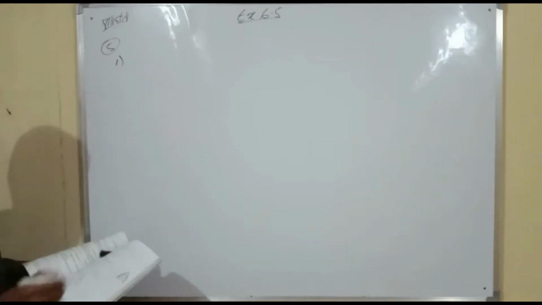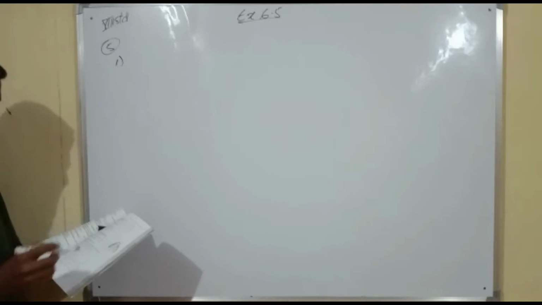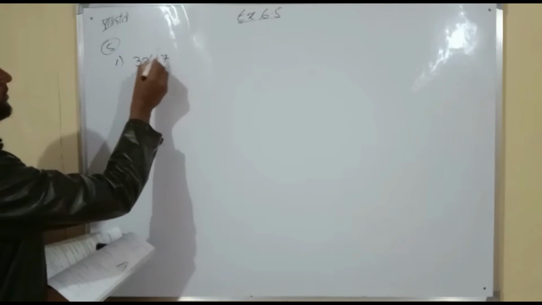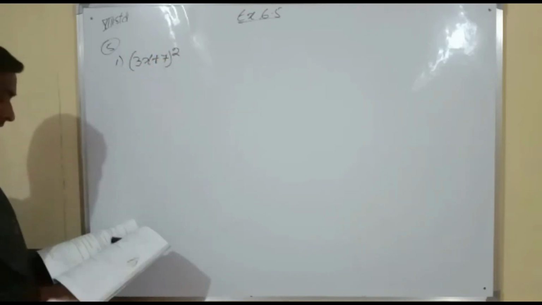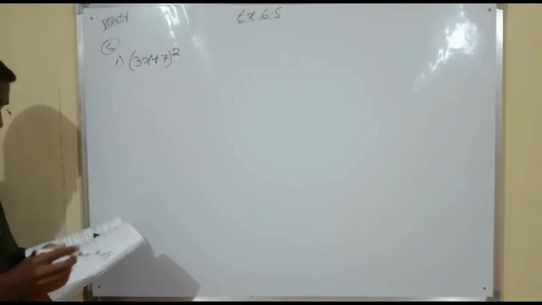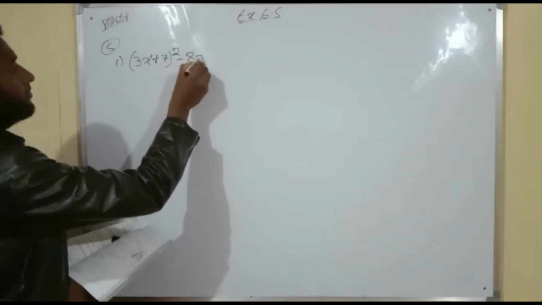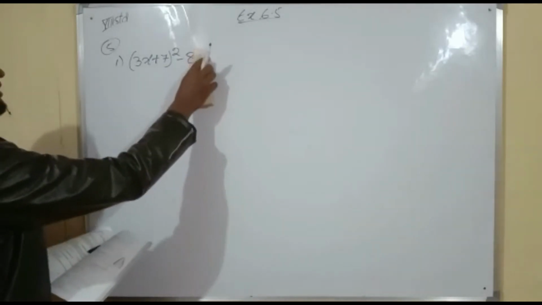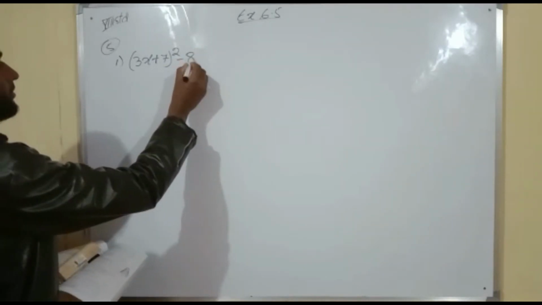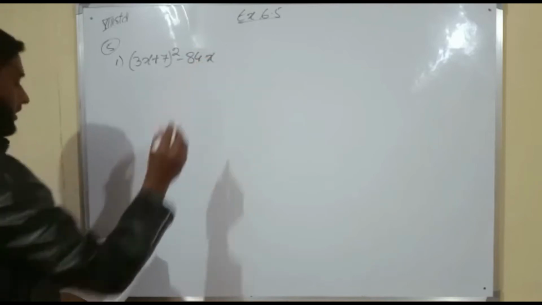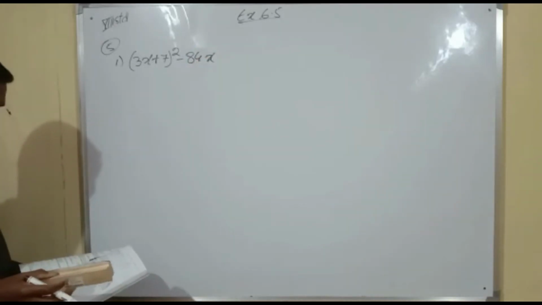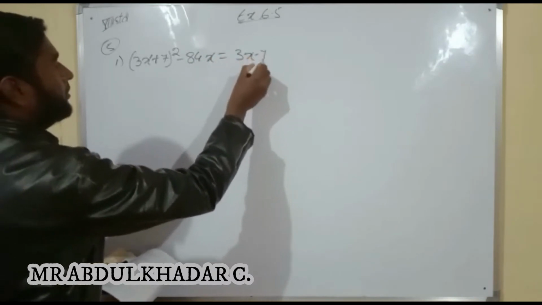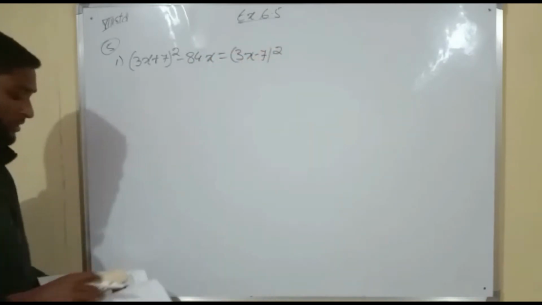In the first question, it is given (3x plus 7) whole square minus 84x. So I have to prove it as (3x minus 7) whole square.